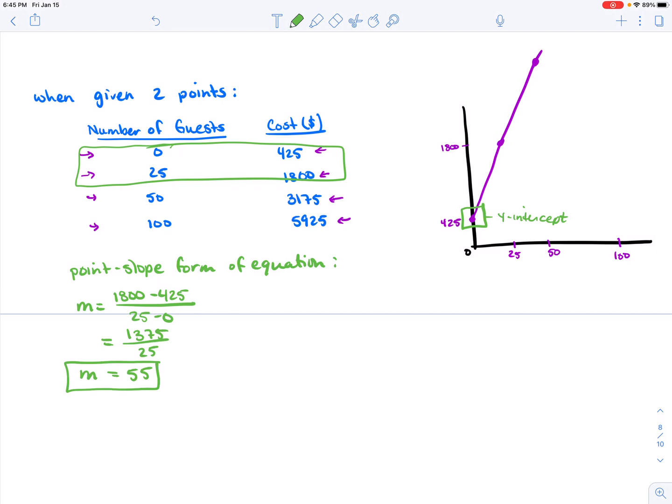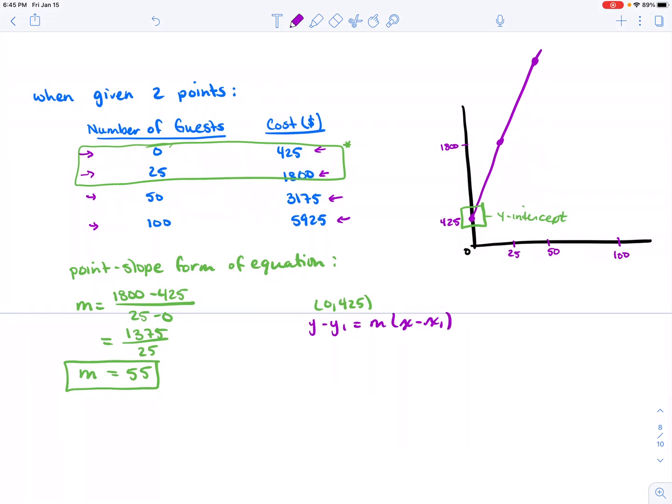Now I'm going to choose the first point, (0, 425), for my equation. We know already that y minus y1 equals m times x minus x1 from point-slope form of an equation. So I have y minus 425 equals 55 times x minus 0, or y minus 425 equals 55x minus 55 times 0.